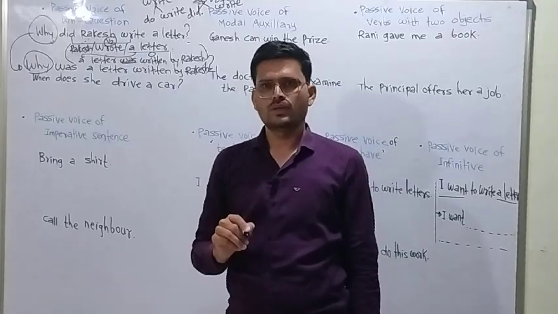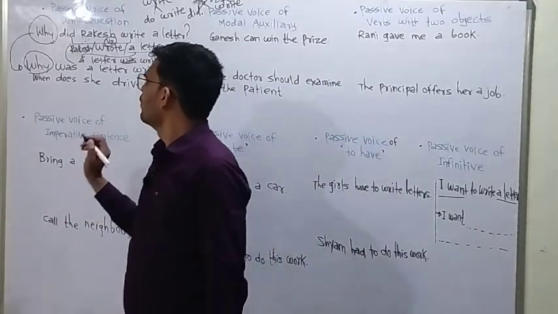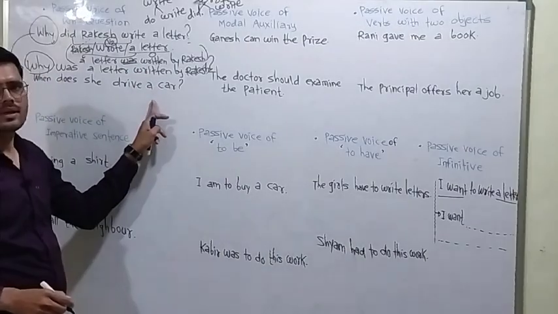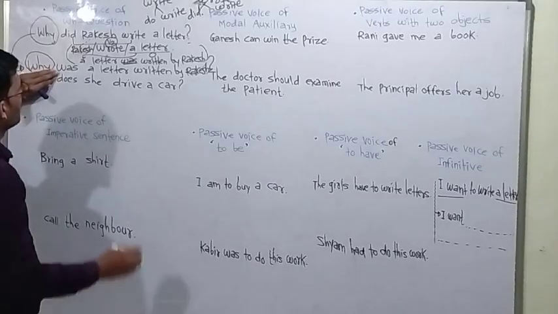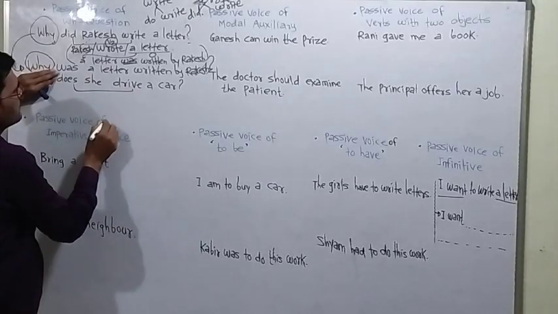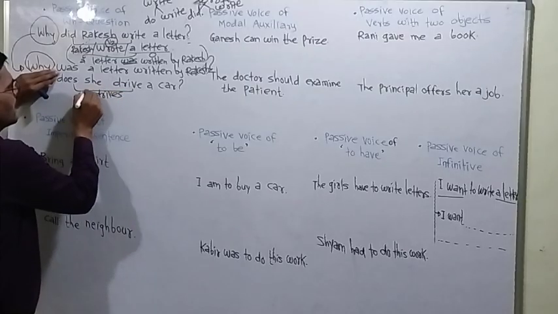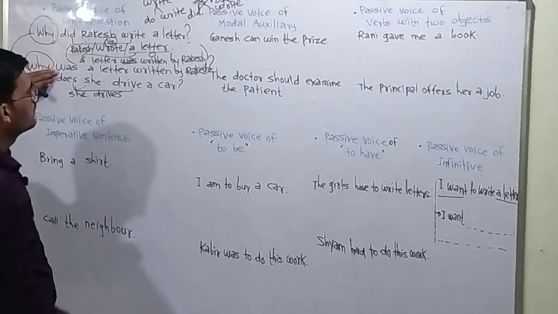Have you all understood? Okay, then the second question: When does she drive a car? Okay, so we hide the WH word. We add it like that: does drive. So the answer is drives, D-R-I-V-E-S, and we put it here: She drives a car.